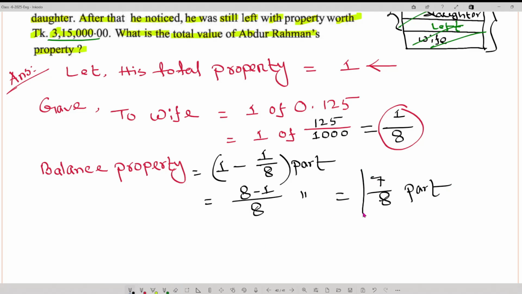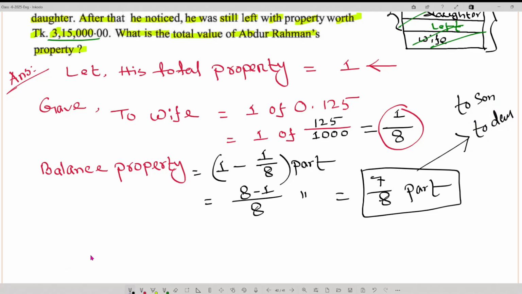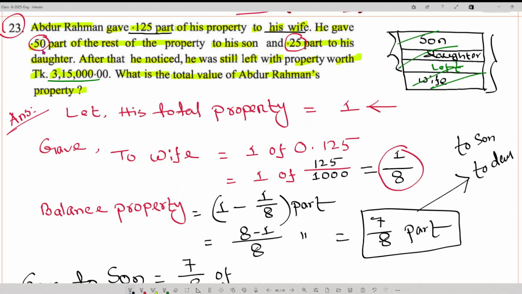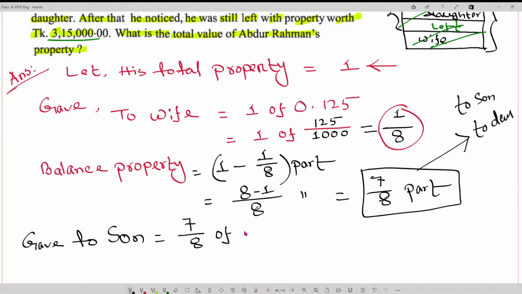Look, from this one he gave to son and to daughter. Now we can write, he gave to his son 7/8 of 0.50. We can write 0.50 as 50/100.